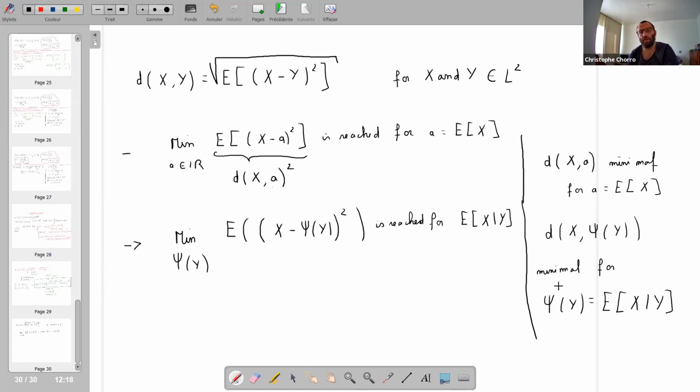So just one remark here. When I do this interpretation in terms of best approximation, I have in mind that the best approximation is the one that minimizes this quantity, and that this quantity is related to a distance. What we are going to prove now is that this quantity defined this way is a distance in the classical sense of topology.